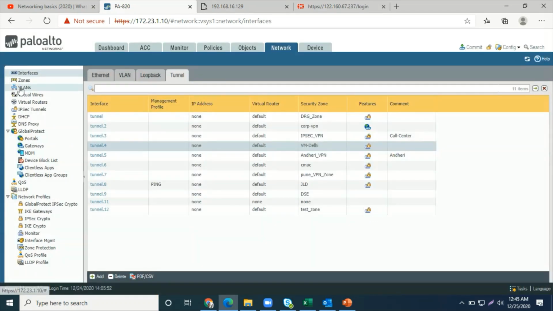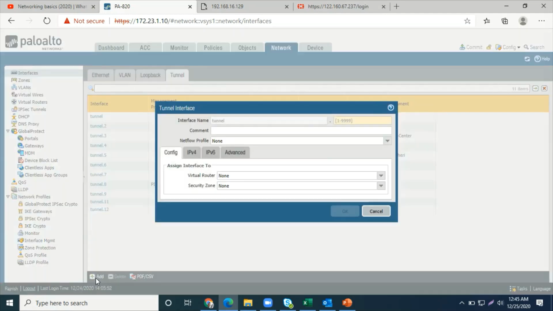First of all, go to Network, then Interface, and in the interface go to Tunnel and create a tunnel. When you configure a new tunnel, you only need to configure the number in the tunnel interface.